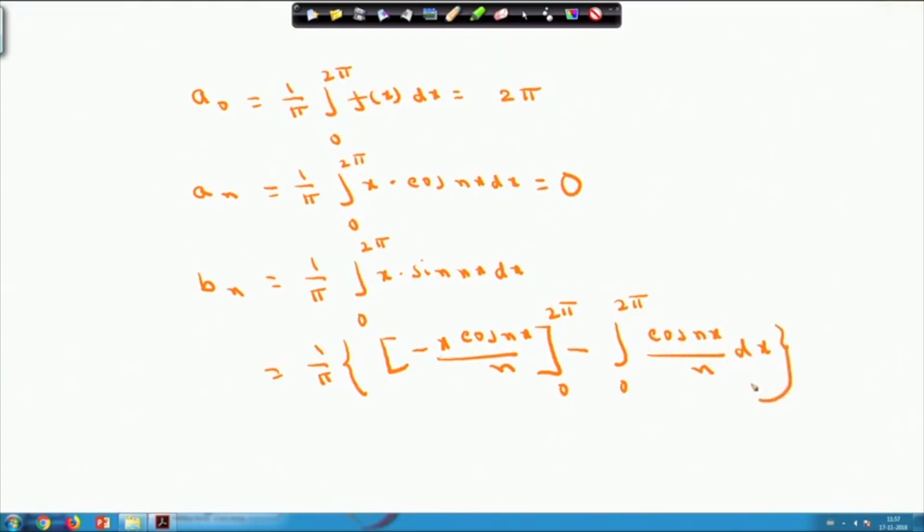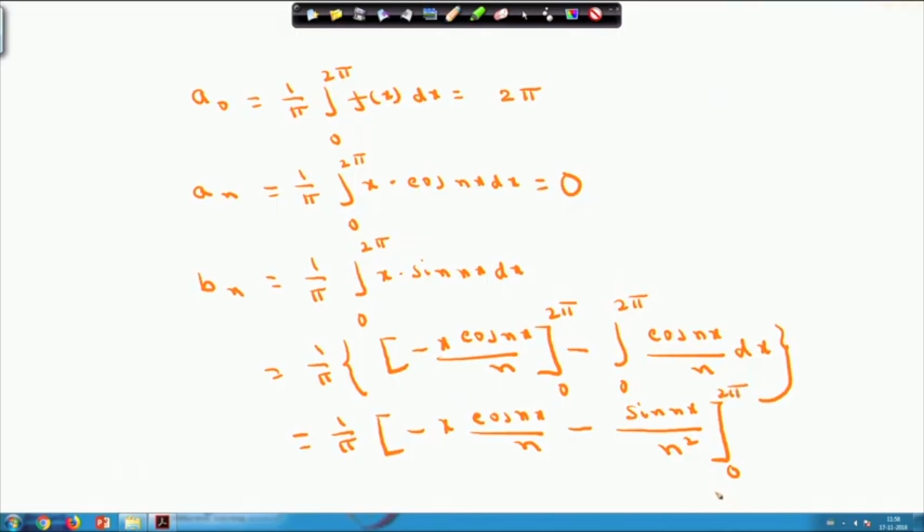This is the second term. So, I will obtain this equals 1 by pi, minus x into cos n x by n here, and here I will obtain sin n x by n square, since n is there, and the limit will be from 0 to 2 pi.